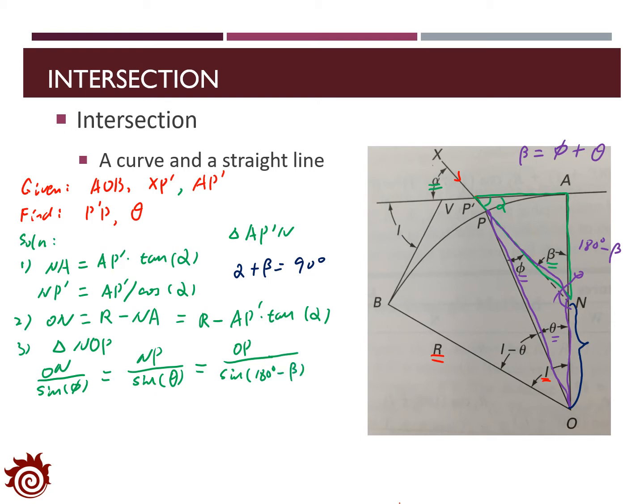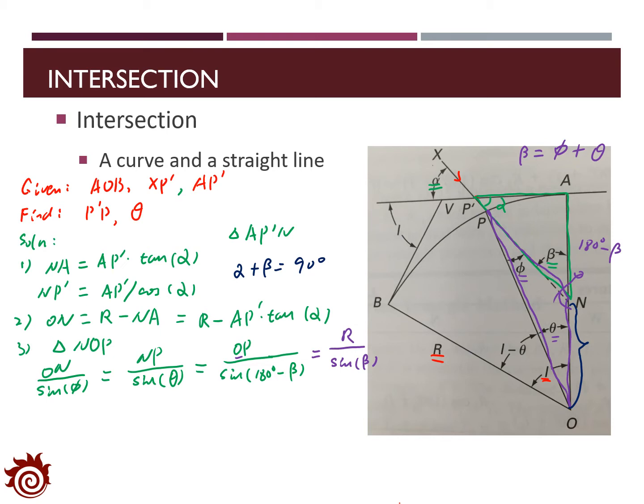We know that OP is R, and sine 180 degree minus beta is just sine beta, so that is R divided by sine beta.